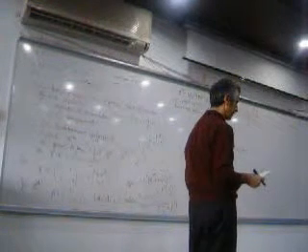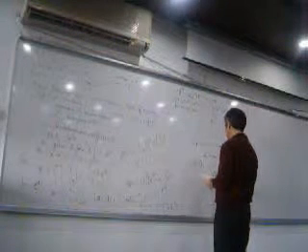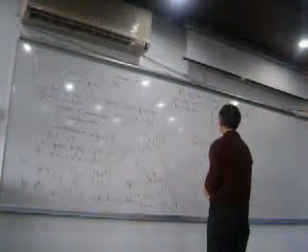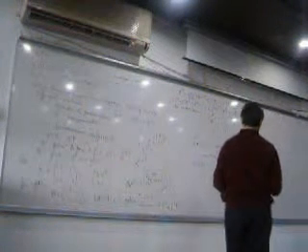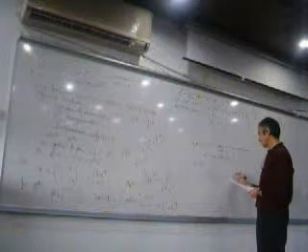Correct. So that is like this: minus 1, 1, 1, minus 1 times B equals minus 1, 1. Now from here you get minus B1 plus B2 equals minus 1.